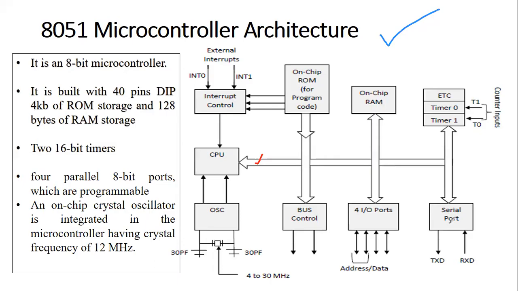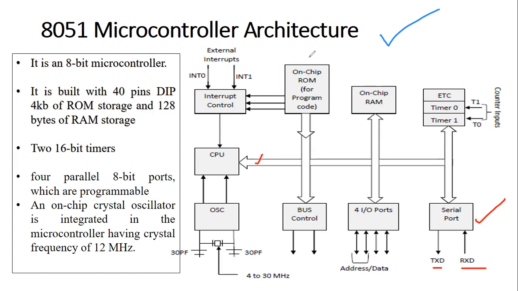Now there is one block that represents the serial port, and it is responsible for serial communication. For serial communication, there are two signals, TXD and RXD, transmit and receive.